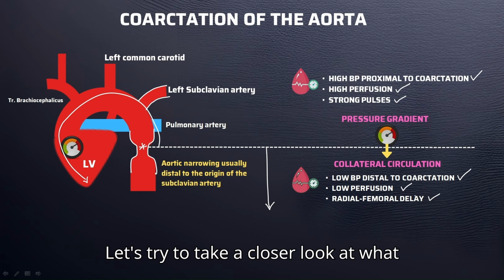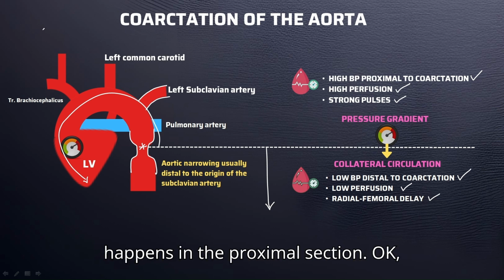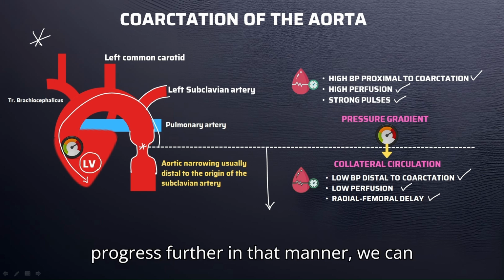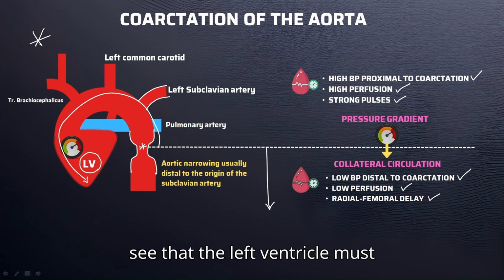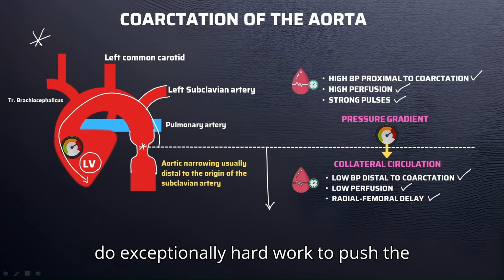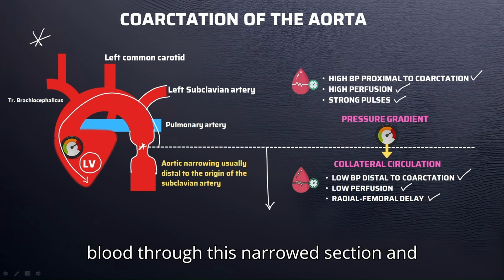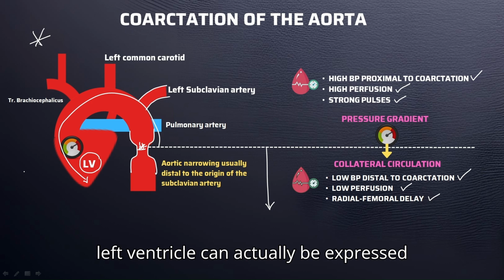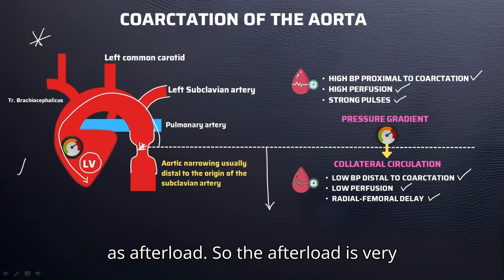Let's try to take a closer look at what happens in the proximal section, starting from the left ventricle and progressing further in that manner. We can see that the left ventricle must do exceptionally hard work to push the blood through this narrowed section. And so that work being done by the left ventricle can actually be expressed as afterload.